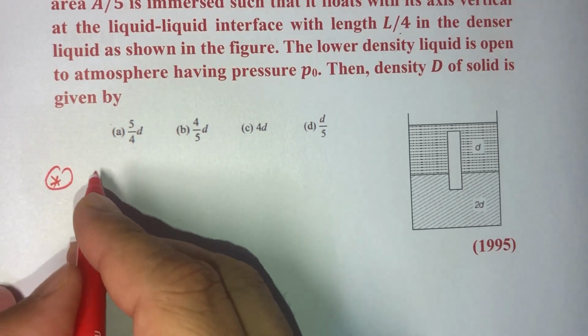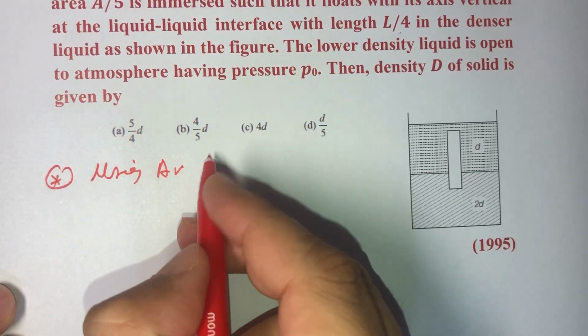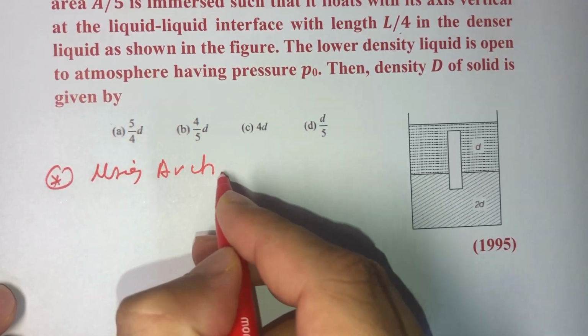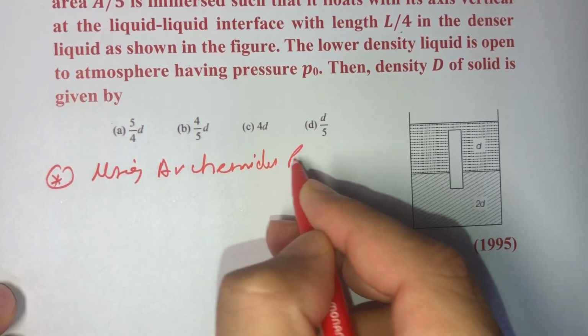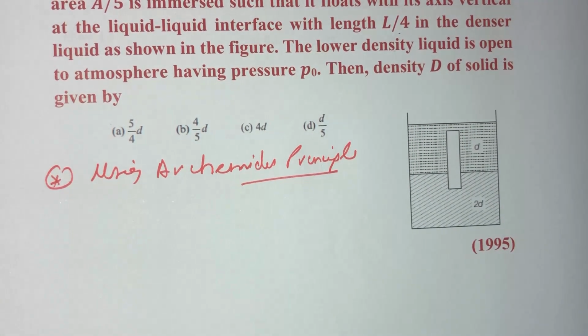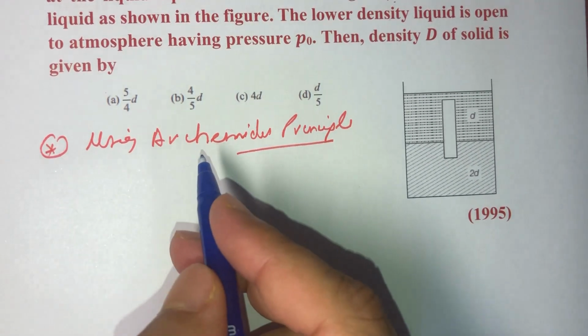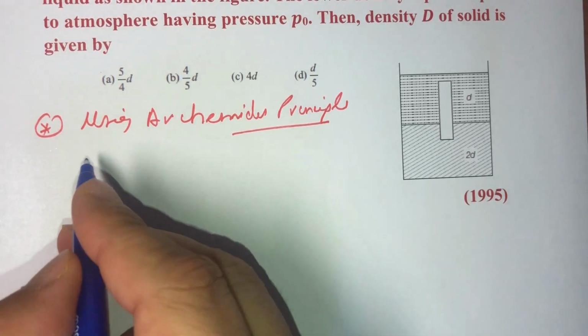So using Archimedes principle, the buoyant force acting on the object is equal to the weight of the liquid displaced.